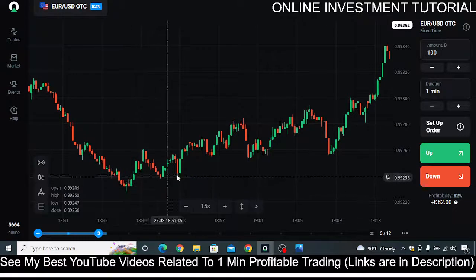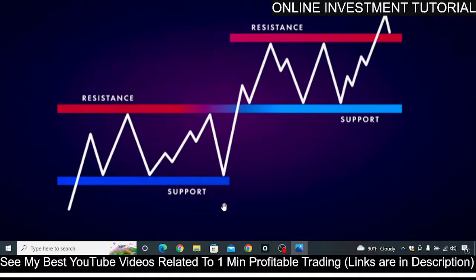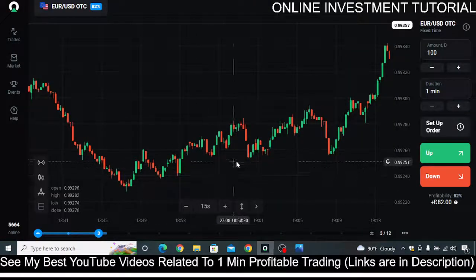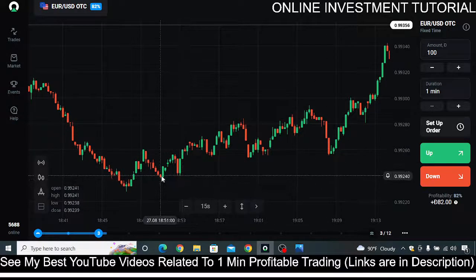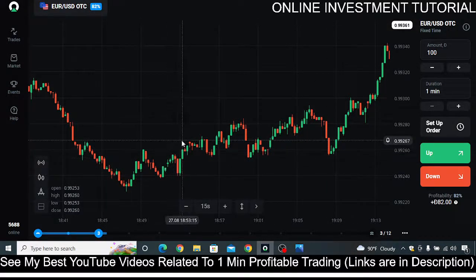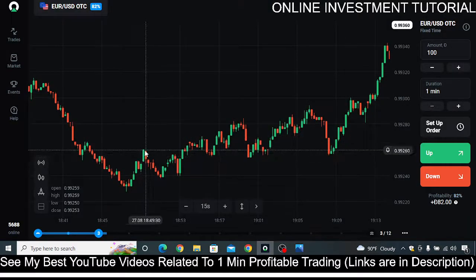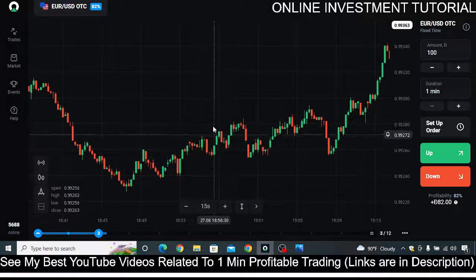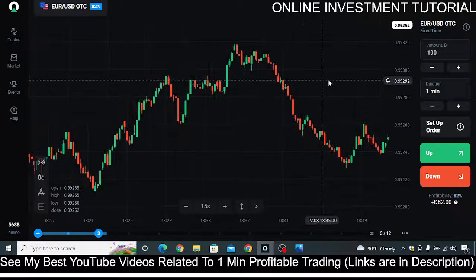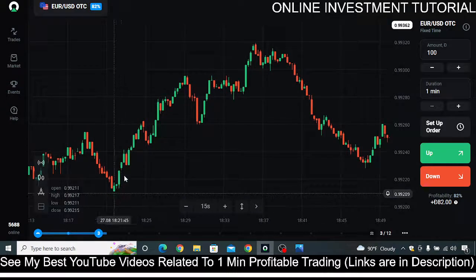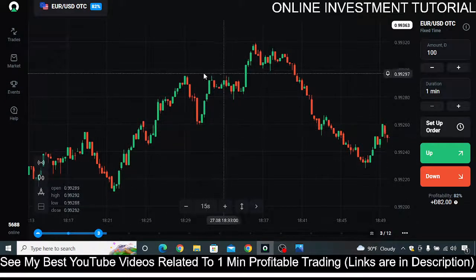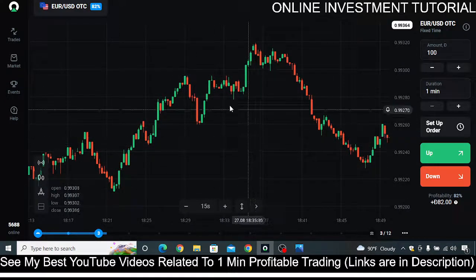These are the supports, from where the market is bouncing back up, and these are the resistances, as you can see, from where the market is coming down, falling down in this way. Similarly, all the time this is happening in the market. From a certain point the market goes up, and from a certain point the market keeps on falling down.